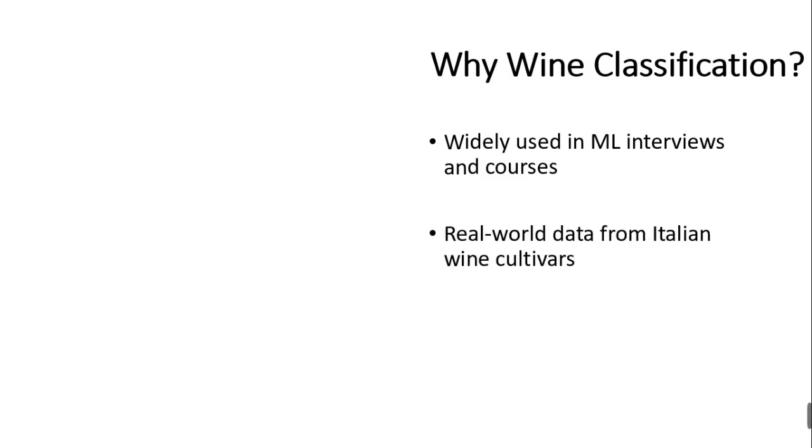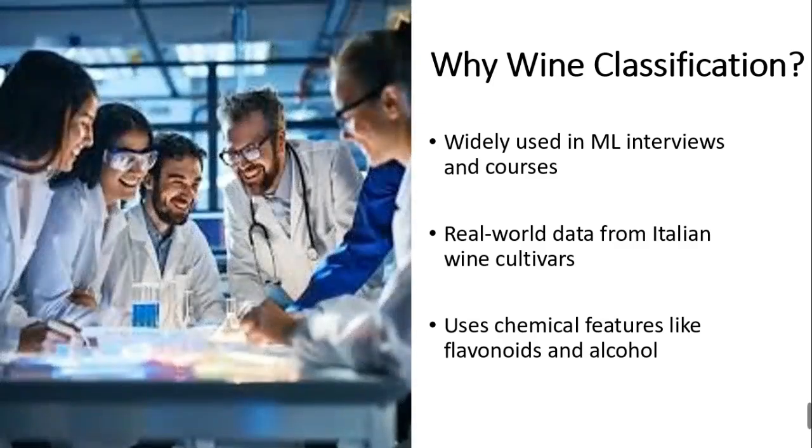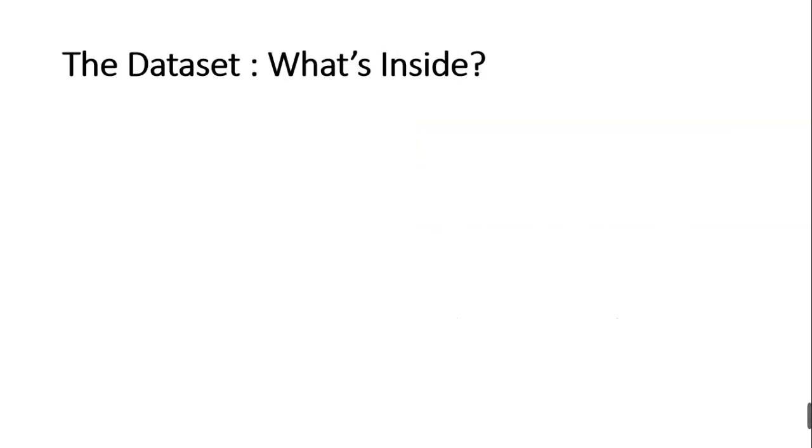And yes, this is real world data and it uses chemical features. A group of scientists worked on the chemical features, then it came later to machine learning practices. So you want to know the dataset? Well, as I said, 178 records of chemical details about the grapes.